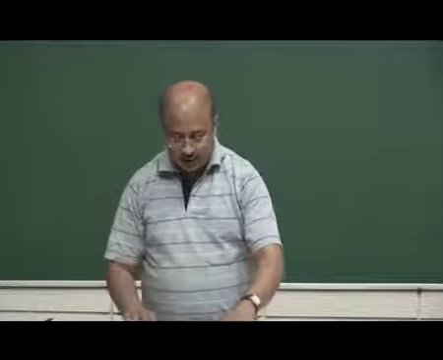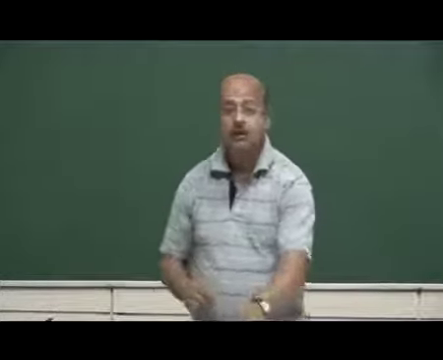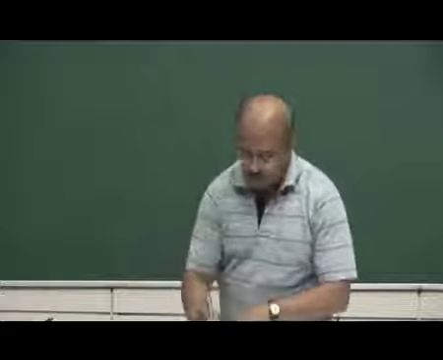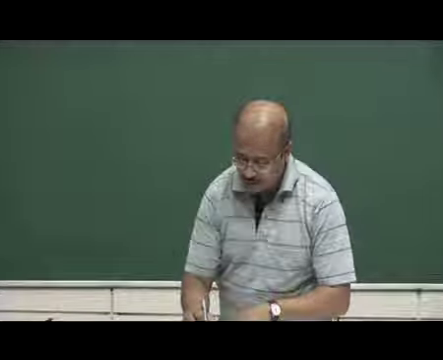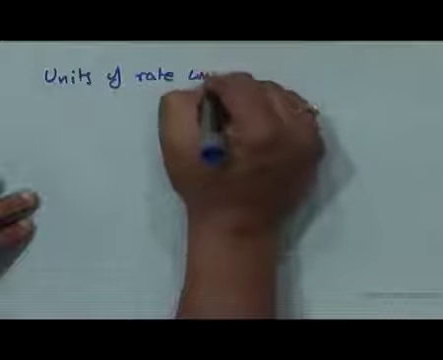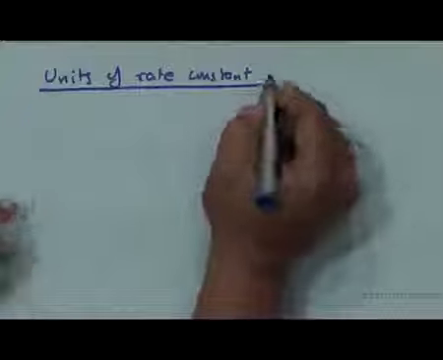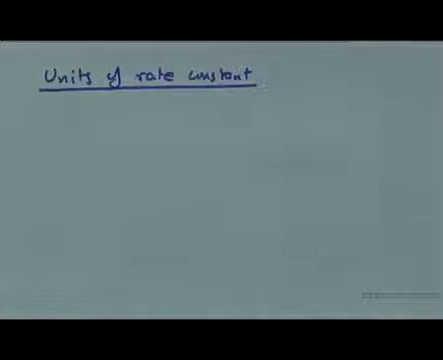So, like we worked out the units of the rate, we can also work out the units of rate constant. Again, this is very simple. We need to know the rate expression.